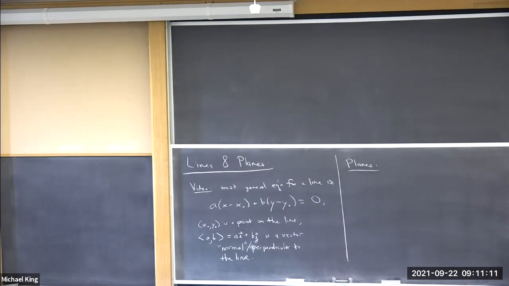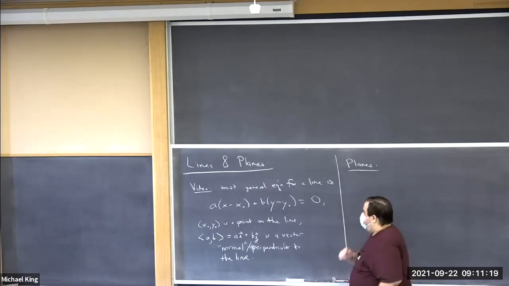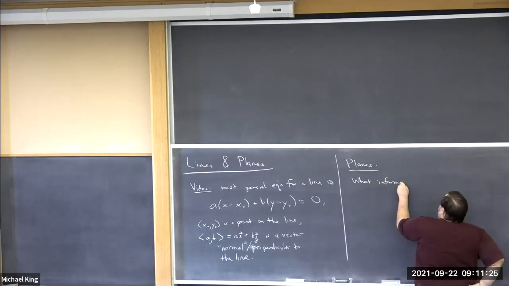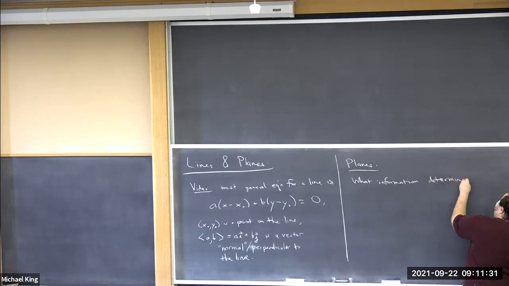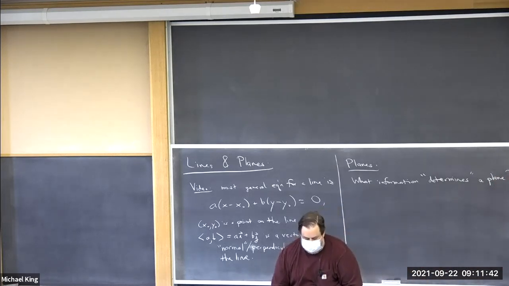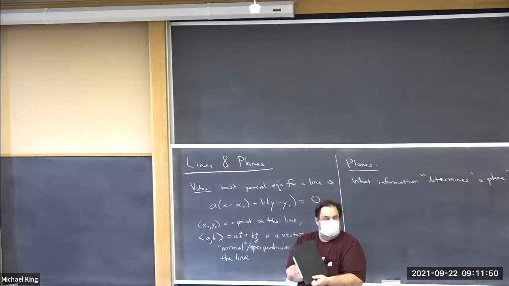Okay, so let's do the same kind of discussion for planes as we did for lines: what information determines a specific plane in three-dimensional space? Determines is mathematical lingo; it just means picks out, of all the possible planes that exist in space, a specific one.